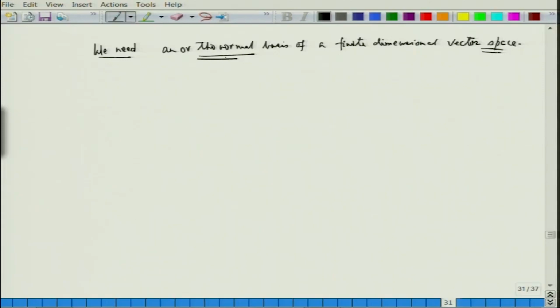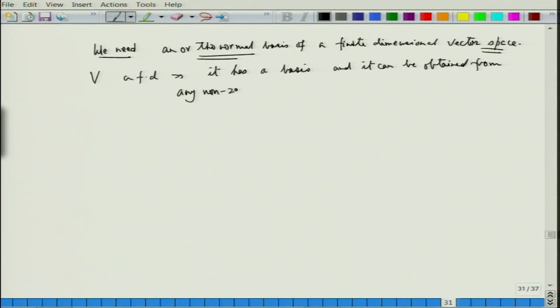What we know is that V finite dimensional implies it has a basis, and it can be obtained from any non-zero vector.